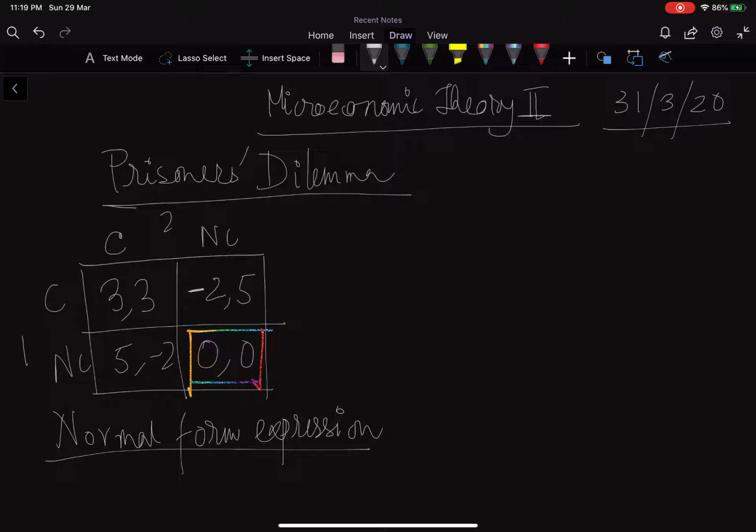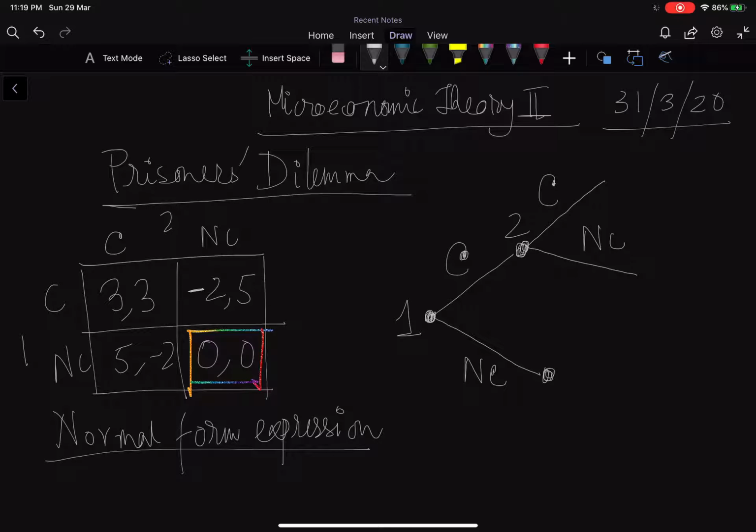So there is a way. Suppose player 1 moves. So this is player 1 or prisoner number 1. This is the same prisoner's dilemma game, which is a simultaneous move game, which we are expressing using extensive form. So we say prisoner number 1 has two strategies: cooperate, not cooperate. And for each possible strategy that player number 1 can choose, player number 2 can also choose to cooperate or not cooperate.